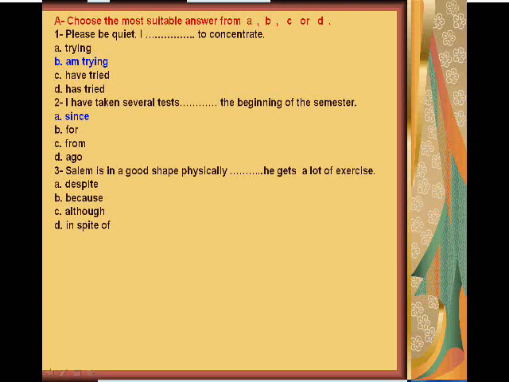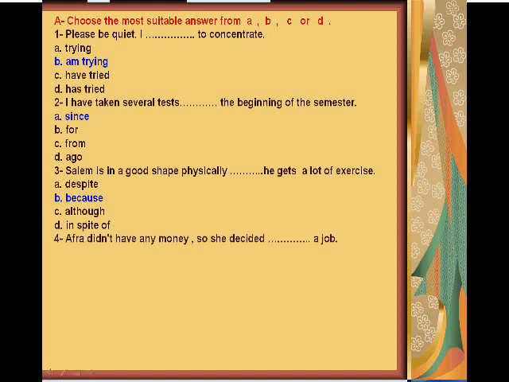So when we talk about reason, the only correct answer is because. Very good. So number 3 will be: Salim is in a good shape physically because he gets a lot of exercise.